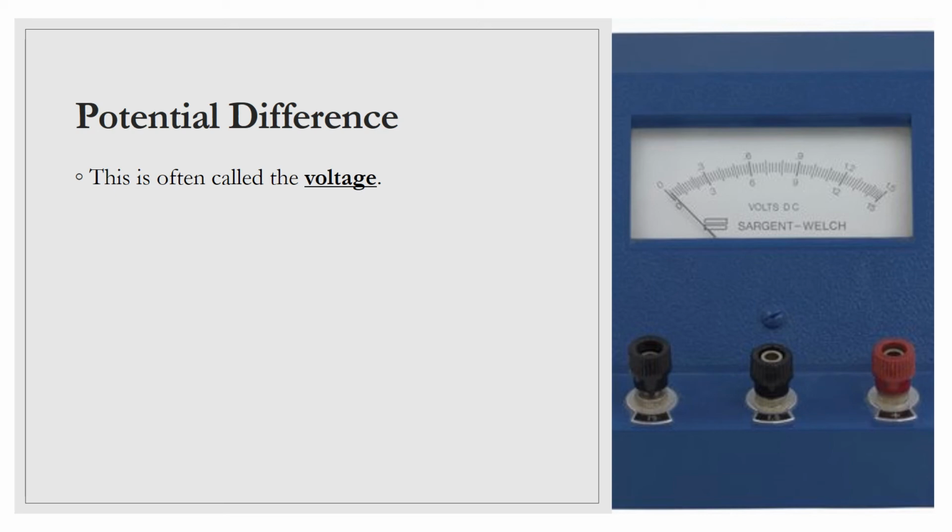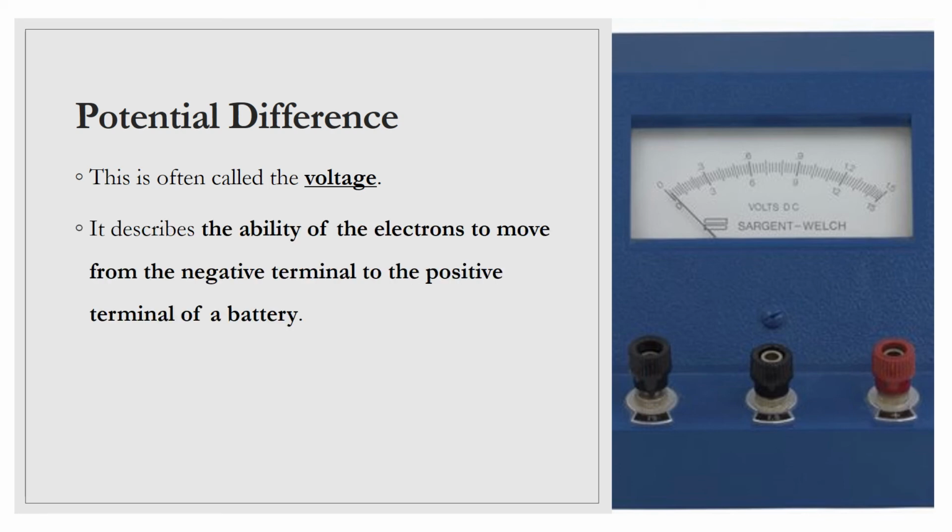Whereas those big fat batteries might say 6 or 9 V. So they would give a big push to the electrons to go around the electrical circuit. So the voltage or the potential difference is just the ability of the electrons to flow through the circuit. Okay, can they flow fast or are they flowing slowly? And that's to do with the battery.